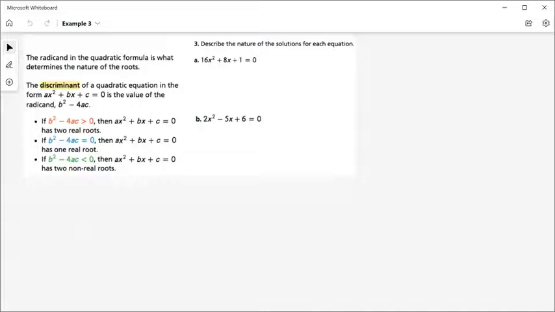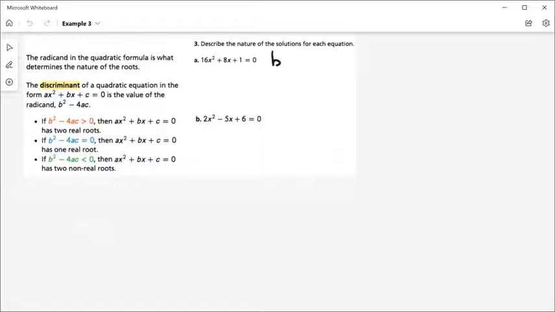Now we're looking at the significance of the radicand in the quadratic formula. So that expression is called the discriminant, and if we evaluate the b squared minus 4ac, we can determine what kind of solutions we'll have just based on whether it's greater than 0, equal to 0, or less than 0.